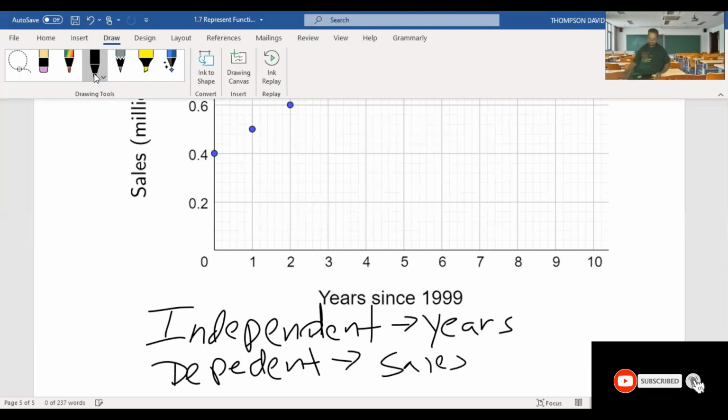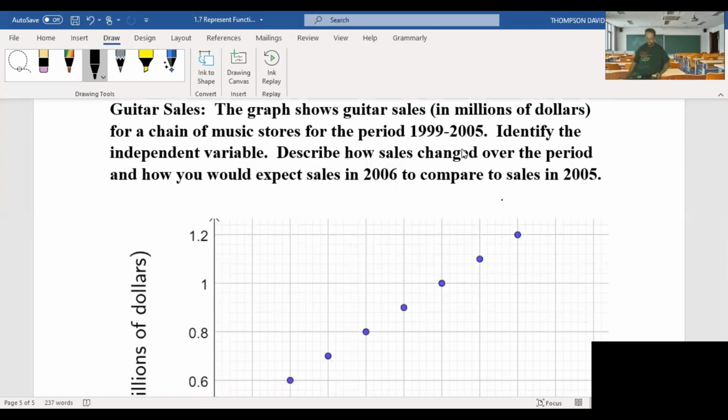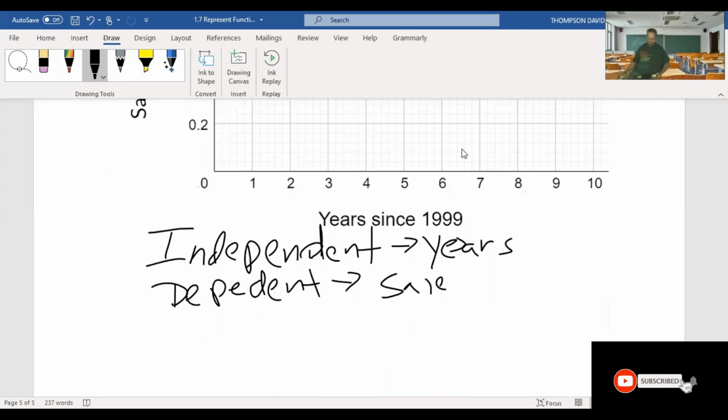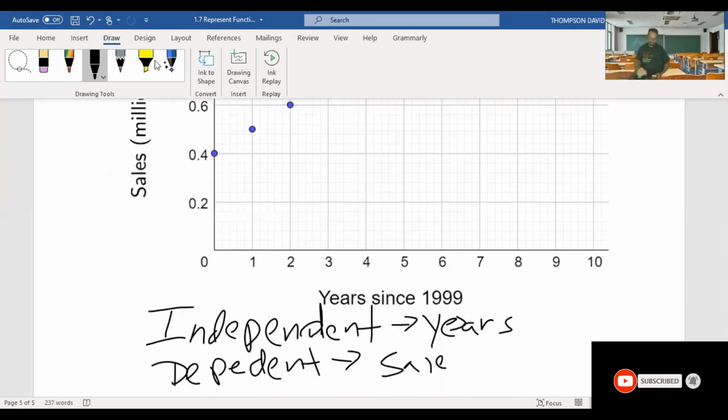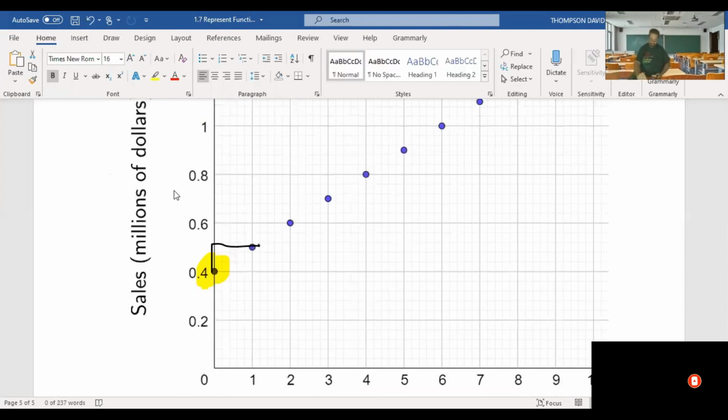Okay, so just like in the last example, it appears that there is a constant change. So it looks like our y-intercept is 0.4, and we're going up by 0.1 every year. So 0.1 million in sales.